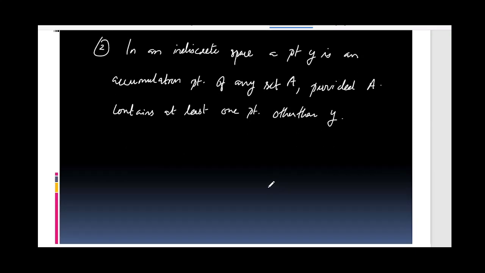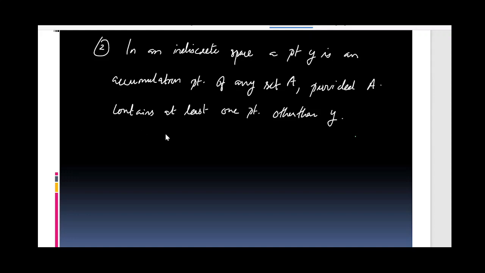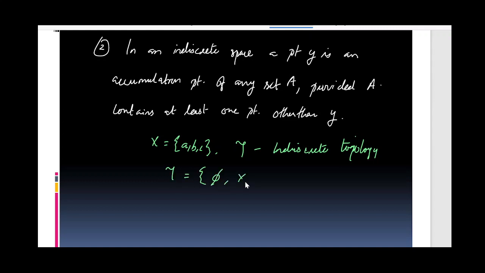So here what will happen in indiscrete space. Suppose X equal to {a, b, c} as we have taken, and tau is the indiscrete topology. So what was that? Tau will contain the empty set and the entire set alone.